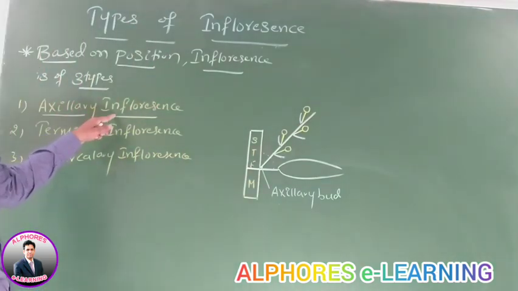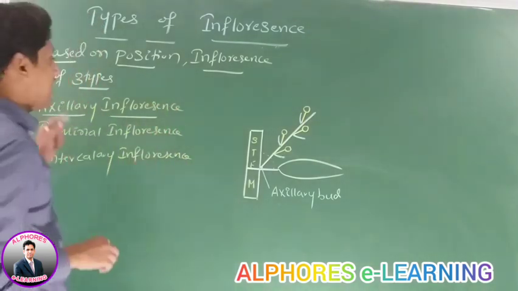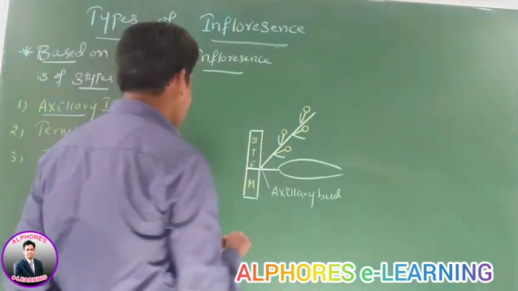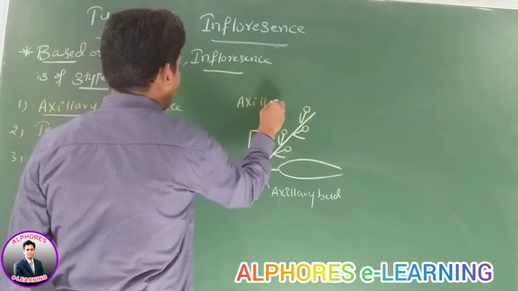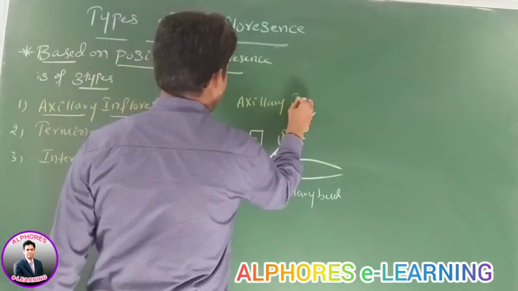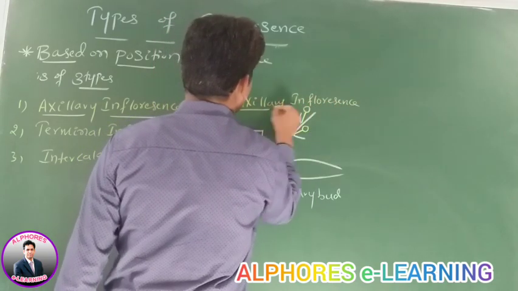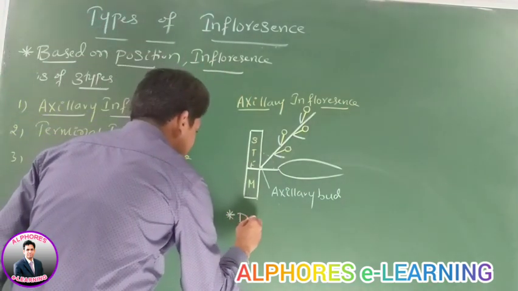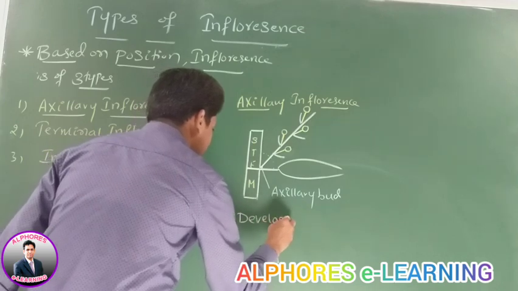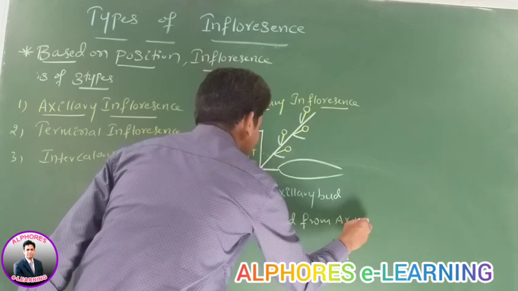This inflorescence which is developed from the axillary bud is called axillary inflorescence. Is it okay? Right? Axillary inflorescence is developed from the axillary bud.